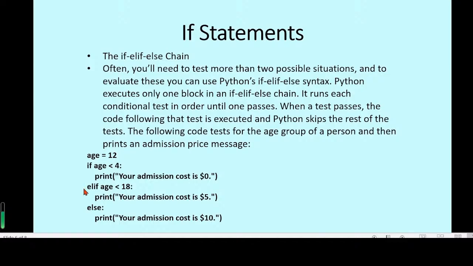If this passes, gets a true result, then this message will be run. Then the statement after the if test will be run. So if both of these conditional tests fail, then Python will run this message.